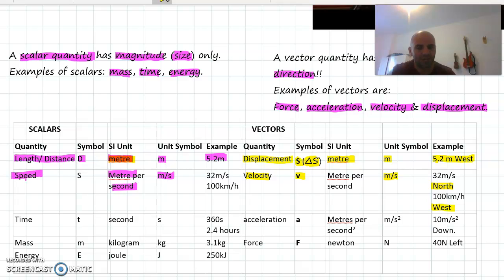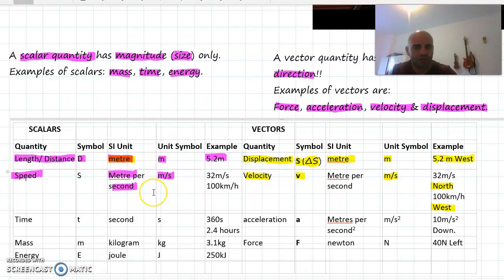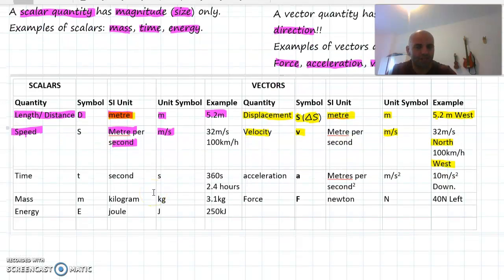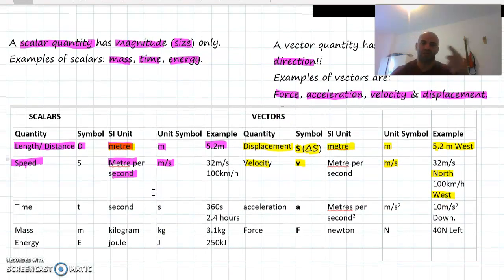So what that does is just kind of pins down the location. Because if I was to say to you, well, you've got to go 32 meters per second, well, 32 meters per second could be in any direction. So if you're starting from here, you could go 32 meters per second in any given direction all the way around. So you've got a huge, huge circumference that you could actually wind up at.